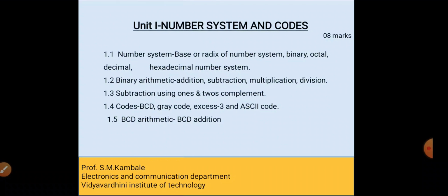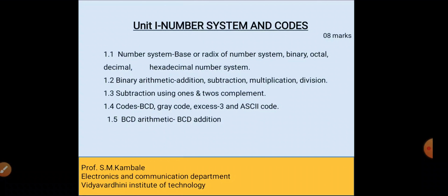The third law says that if the sum is greater than 9 and carry is equal to 0, then add 6 to get the correct answer. We will discuss in detail the basic BCD arithmetic addition rules when looking into the first chapter.